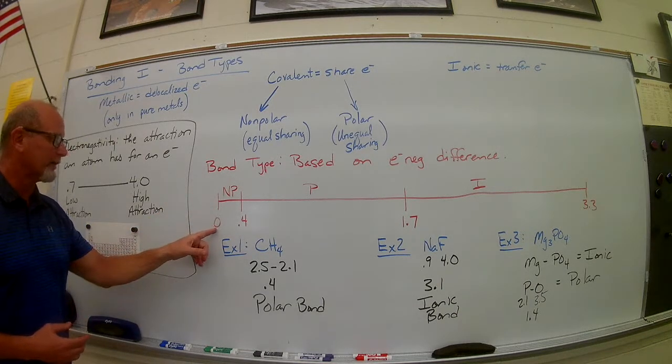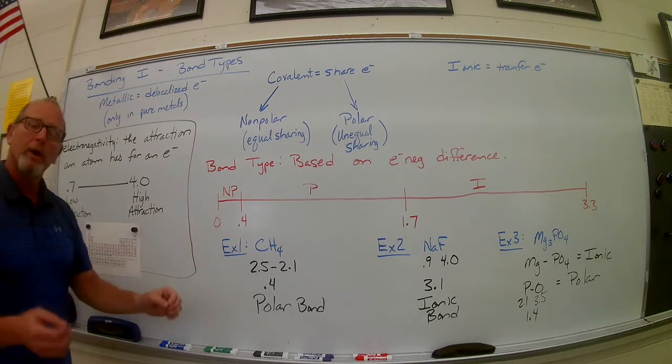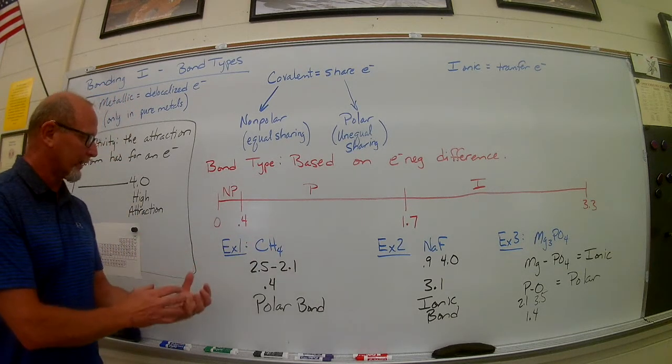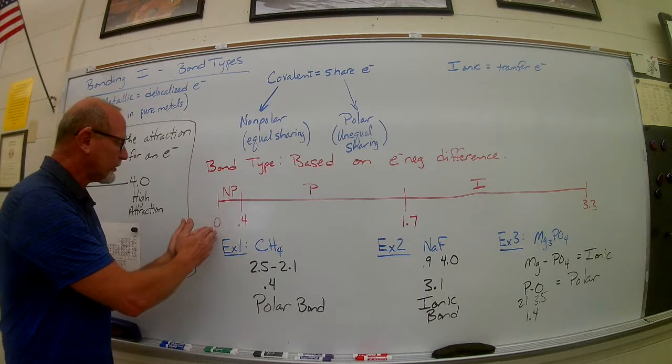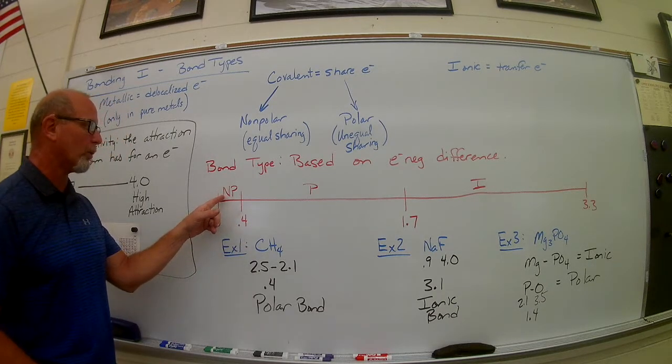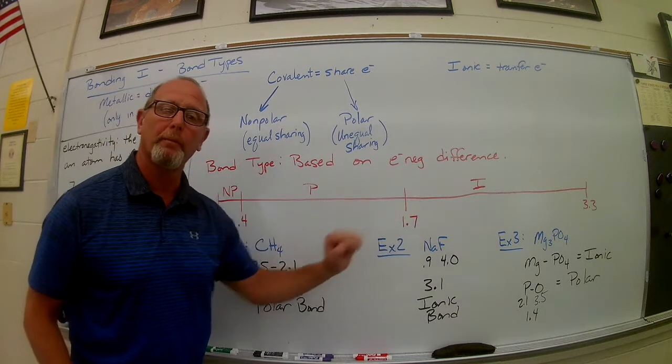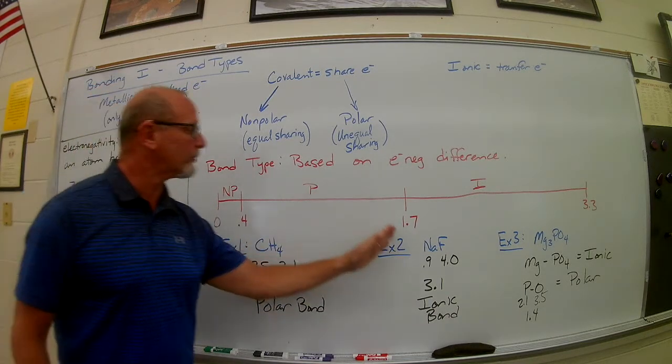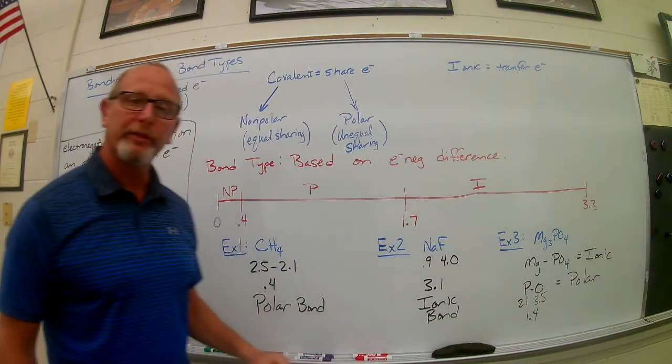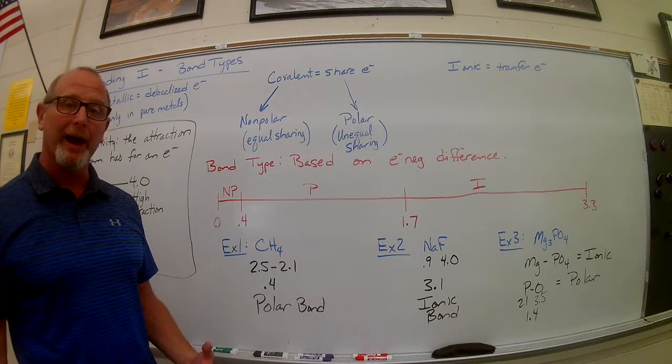It would have an electronegativity difference of 0. So compounds with an electronegativity difference between 0 and 0.4 are nonpolar, between 0.4 and 1.7 are polar, and between 1.7 and 3.3 are considered ionic bonds.